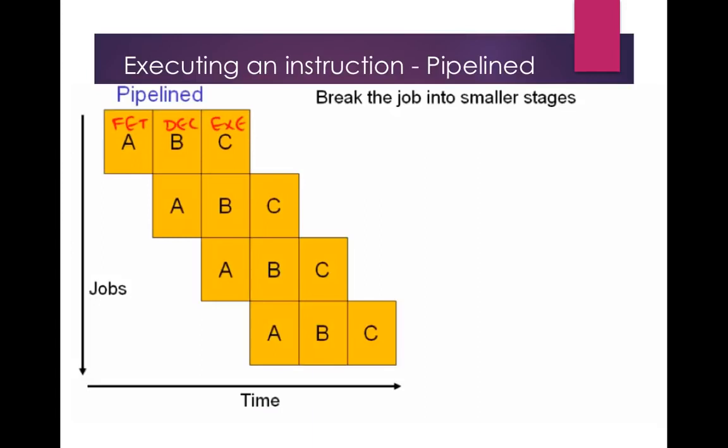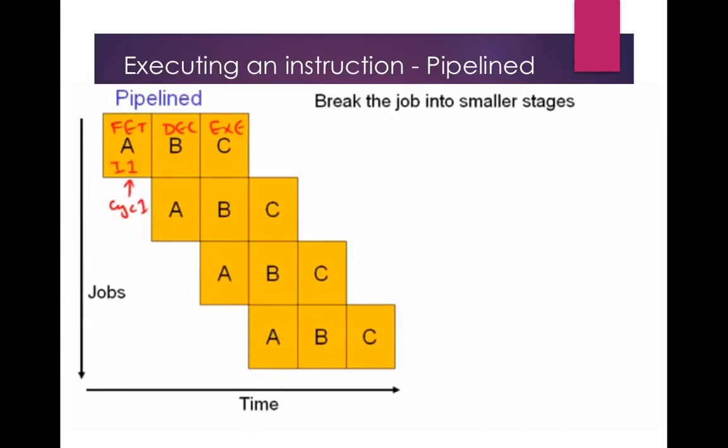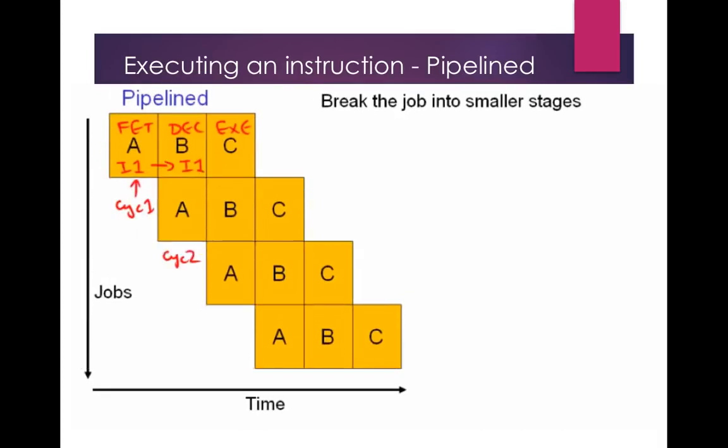Once the fetch stage is over at clock cycle 1, it is free, so we fetch the second instruction. At clock cycle 1 we fetch instruction 1, but at clock cycle 2 we fetch the second instruction, and at the same time, in parallel, we decode the first instruction, right?